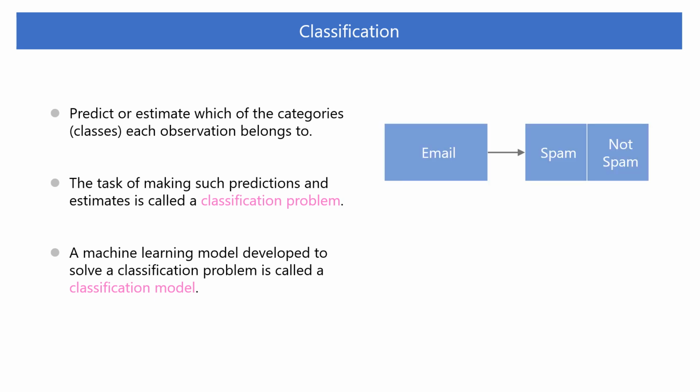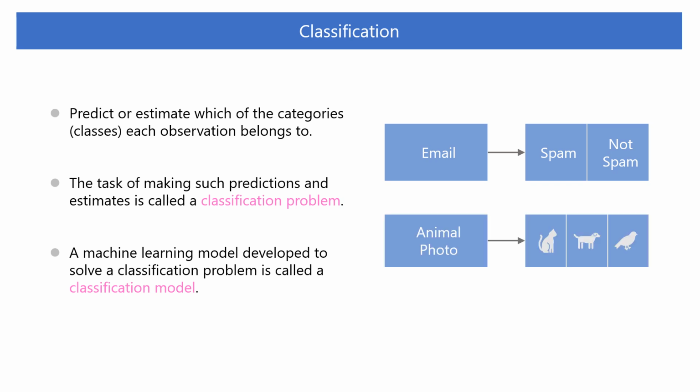For example, estimating whether an email is spam or not spam is a classification problem. In this case, the machine learning model estimates which of the two categories, spam or not spam, the newly received email falls into.